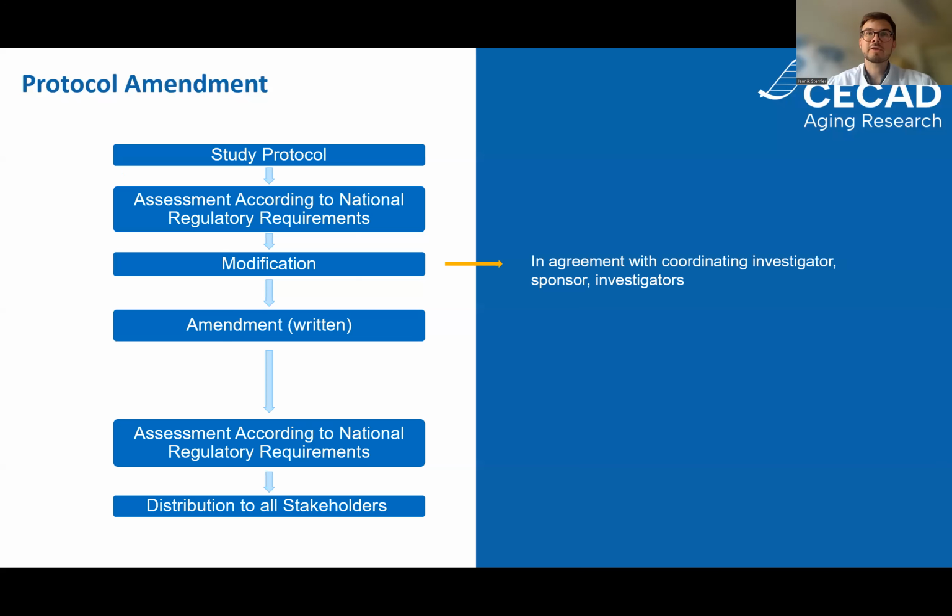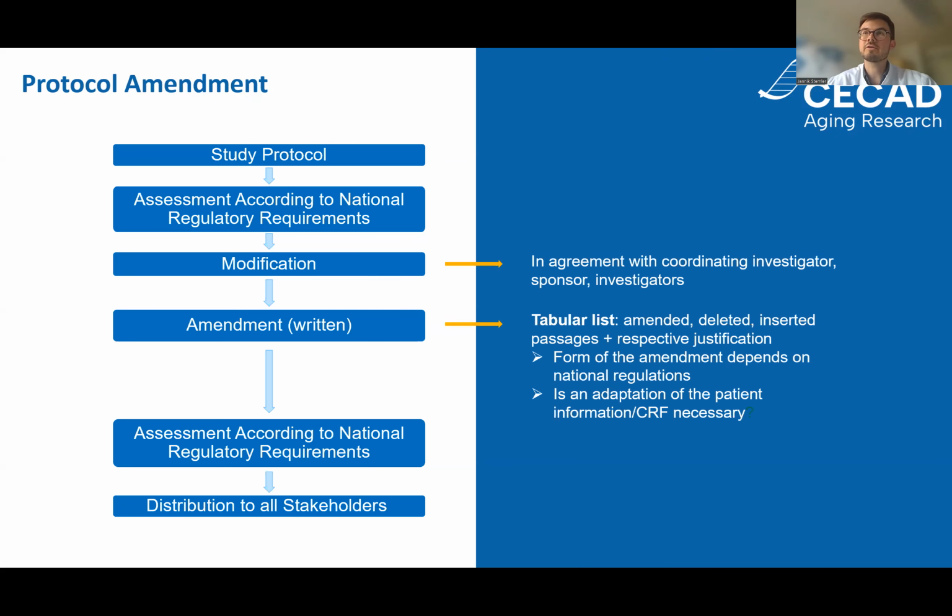Usually, amendments comprise a tabular list which contains amended, deleted, or inserted passages and the respective justification. However, the form of the amendment depends on the national requirements, of course, and moreover, it has to be considered if an adaptation of the patient information or CRF is also necessary due to this protocol amendment.